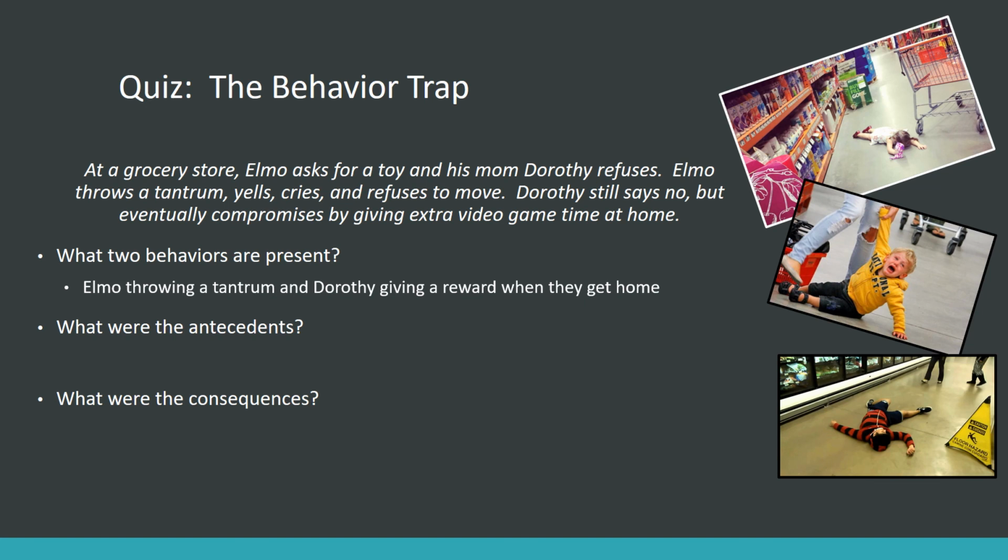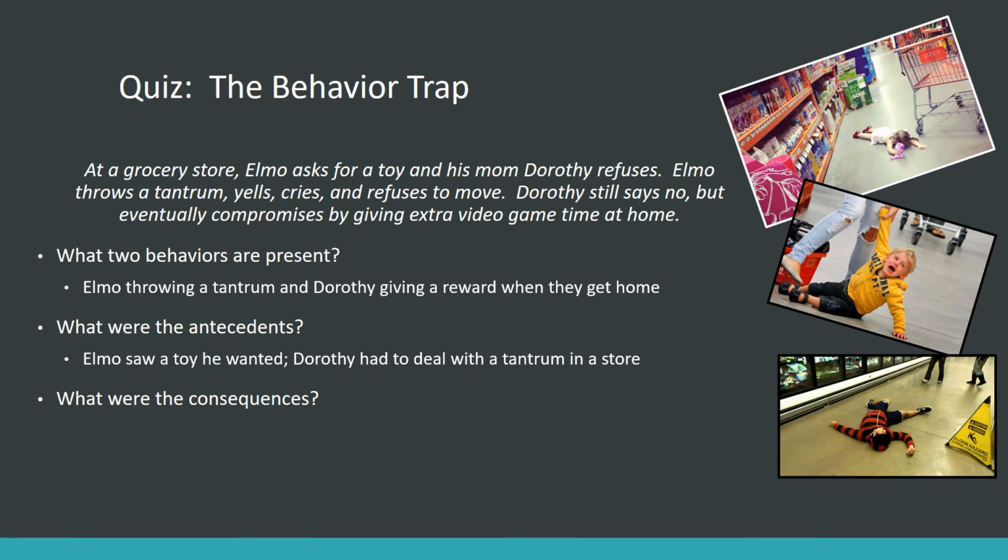So for Elmo, it was seeing the toy. And for Dorothy, the antecedent was having to deal with the tantrum in the store. That's why she decided to engage in the manipulation. Well, she was the one being manipulated, but why she decided to engage in the compromise of giving extra video game time at home.